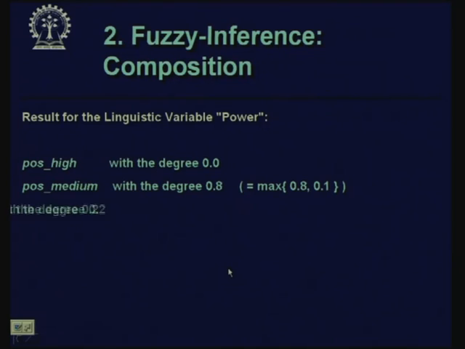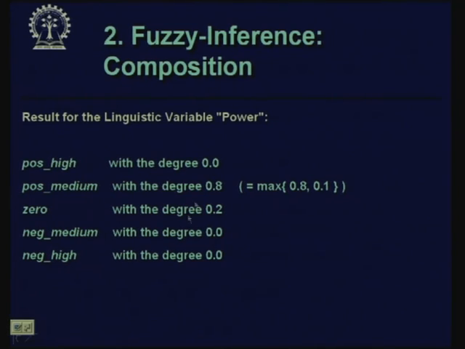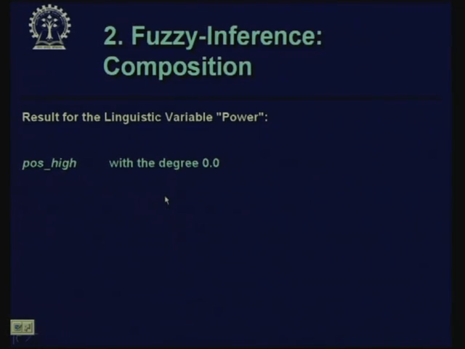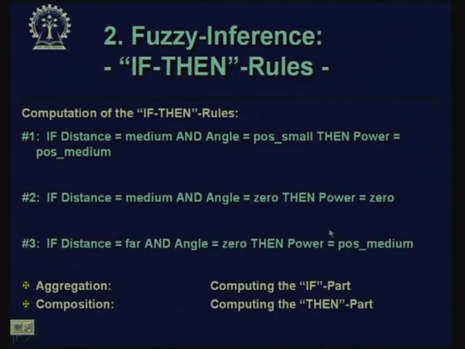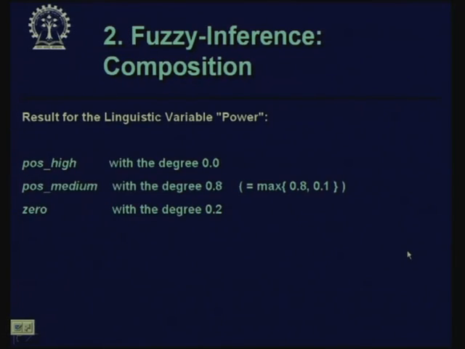We have seen all the different rules. All these rules will give you power to be positive medium, power to be 0, power to be positive medium. So, then when I compose them, I am getting that positive high is not coming with any membership, positive medium with 0.8, because it was the max of 0.8 and 0.1. Where do this 0.8 and 0.1 come from?